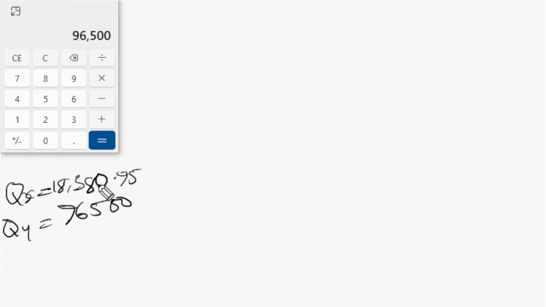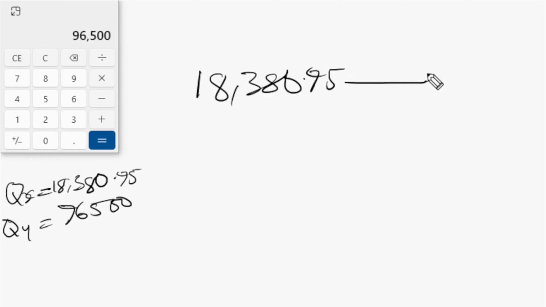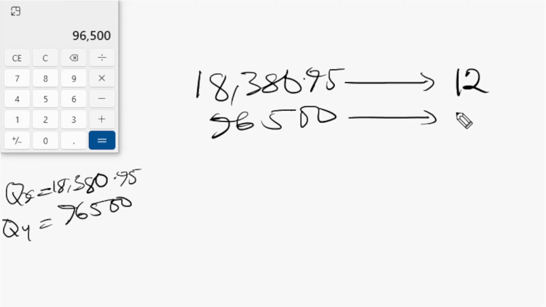Since the Q for X, which is 18,380.95, will require 12 naira, so this is 18,380.95. This charge actually requires 12 naira. So how much will 96,500 require? We don't know, so let's call that X naira.